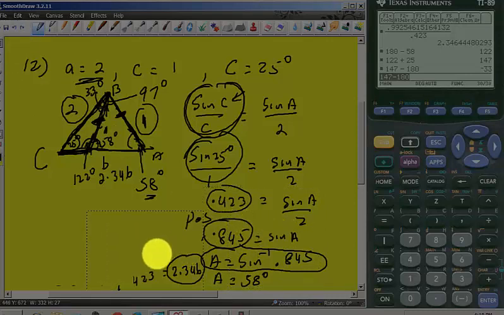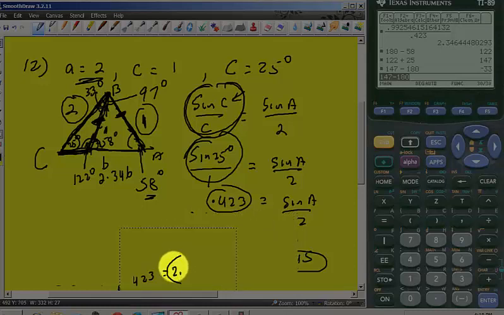Let me cut out the stuff that I don't need real quick, and we'll get started on this.